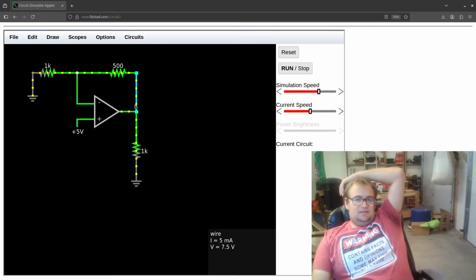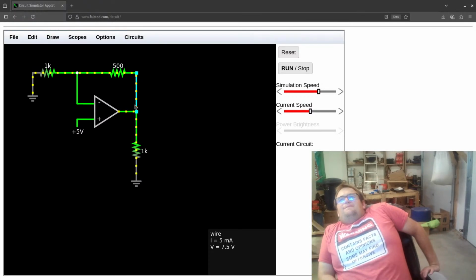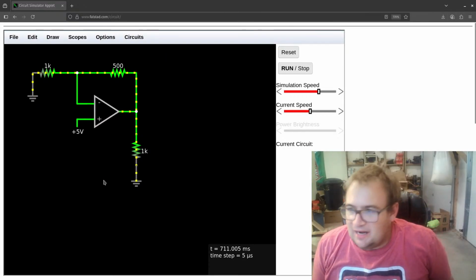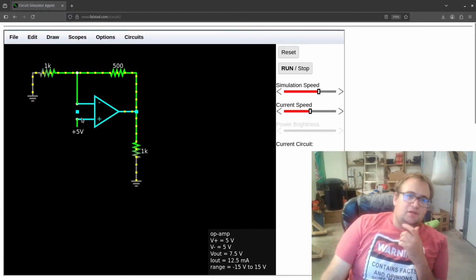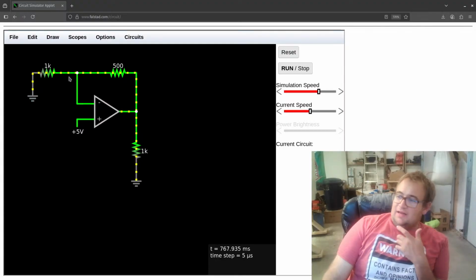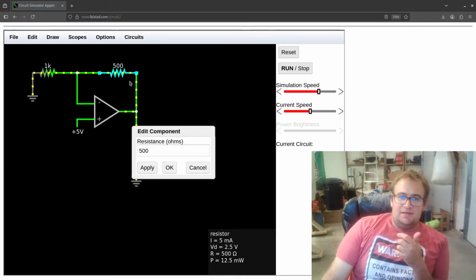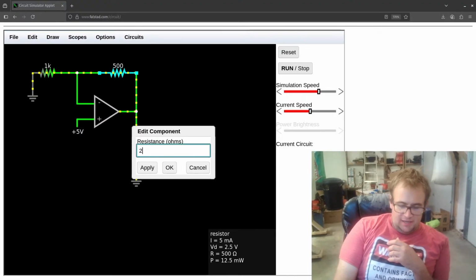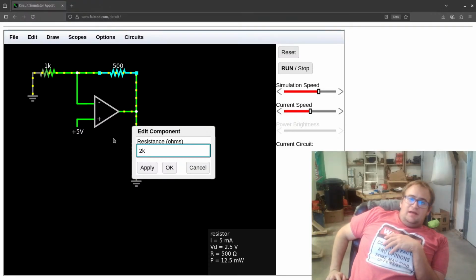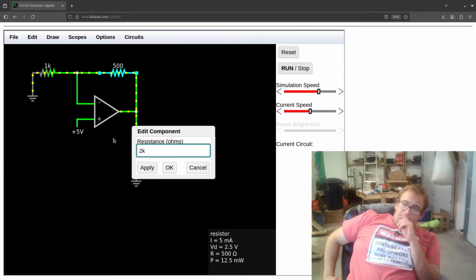How many milliamps is it? 5 milli, right? Yeah, you see that is where I need to get it through. That's a really good way of looking at it, actually. To get 5 volts here down to there, you're going to have 5 milliamps. So whatever we choose this to be, let's say we choose it to be 2K, effectively we are going to have 5 milliamps traveling across 3K.